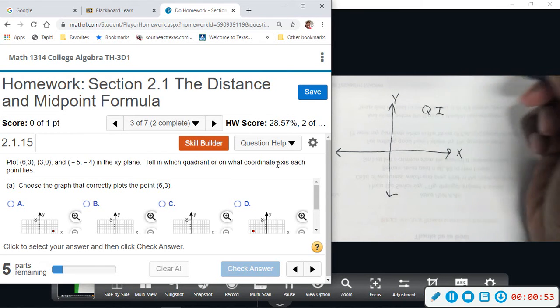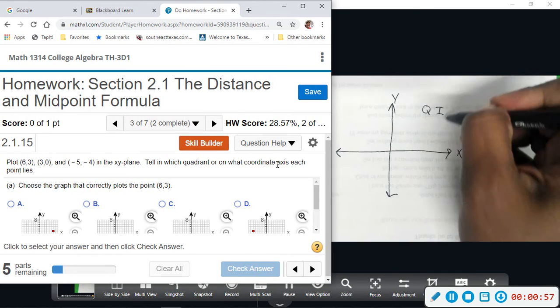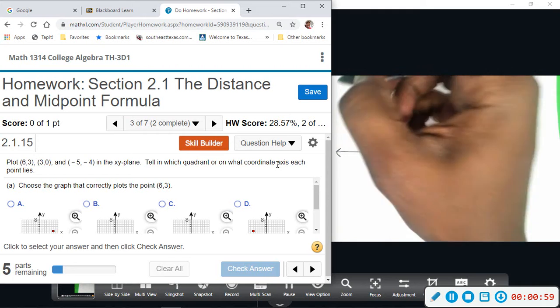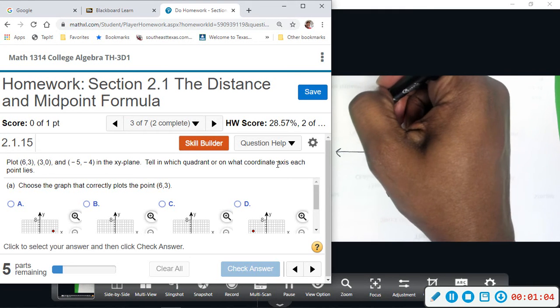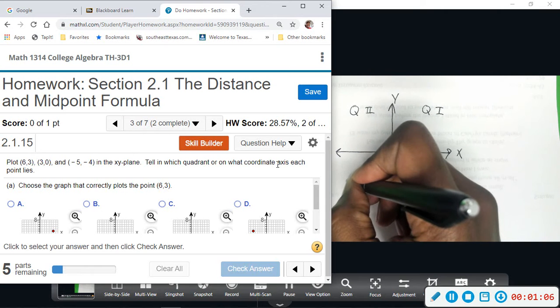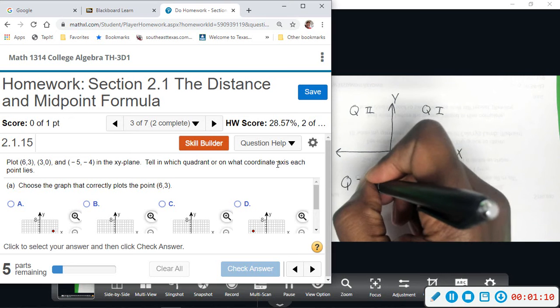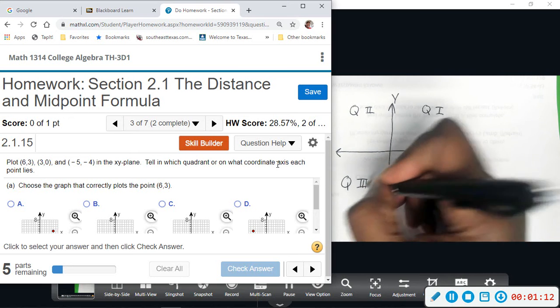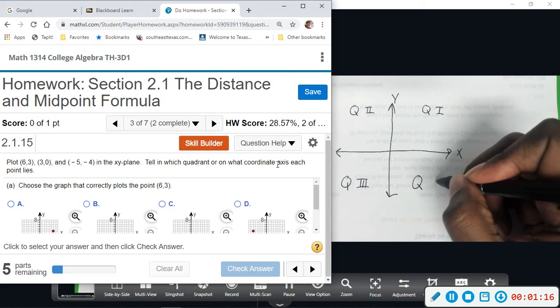I'm just going to abbreviate with Q and the Roman numeral I for 1. And then you go counterclockwise to get the others. So this will be quadrant 2. This will be quadrant 3, the bottom left-hand quadrant. And then the bottom right-hand quadrant is quadrant 4.